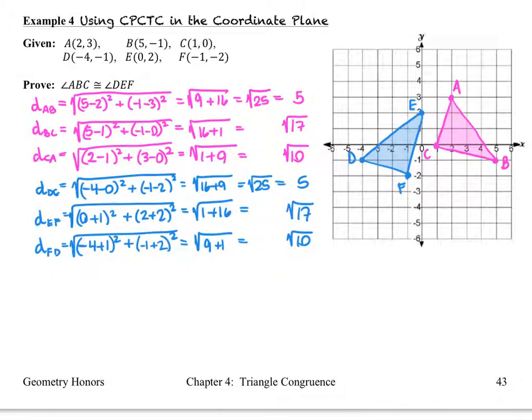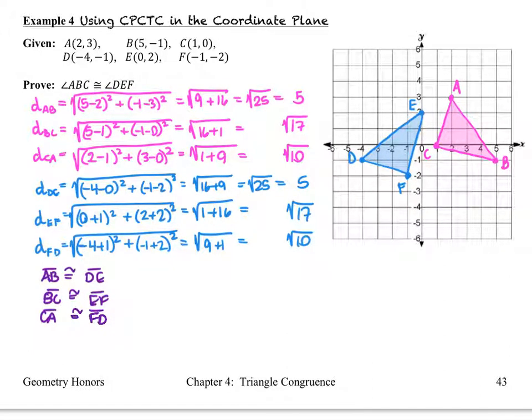So we're going to write some congruency statements, and segment AB is congruent to segment DE. Segment BC is congruent to segment EF. Last of all, segment CA is congruent to segment FD.